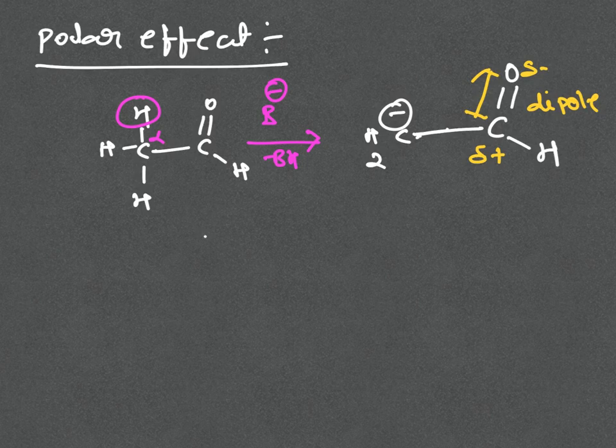And here we have a stabilizing interaction. The carbanion which is formed here has a negative charge, which interacts with the positive pole of the dipole. The charge is negative and the dipole pole is positive. They are adjacent, and this is a favorable interaction. This interaction we call a charge-dipole interaction.